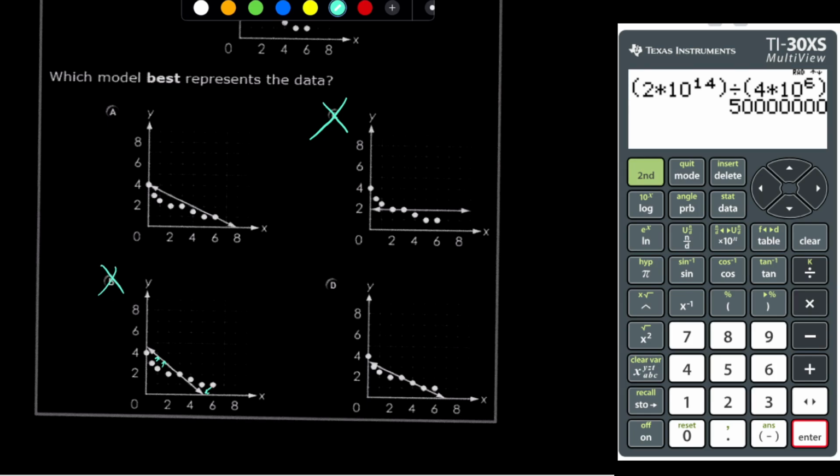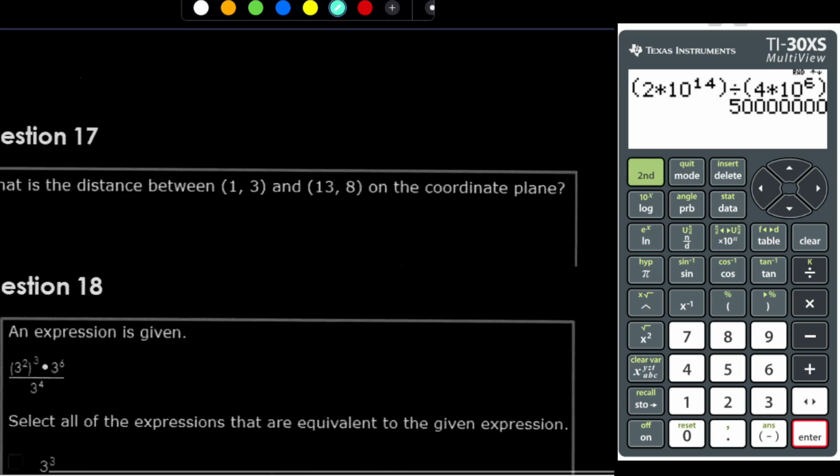A, all of your points are below the line. You have nothing above the line. Remember, you want something that looks like an average. So you want some above and some below. So take out A. That leaves D. D has some points below the line. It has some points above the line, but not by much. And it even has some points on the line. D is it. That's what you want.